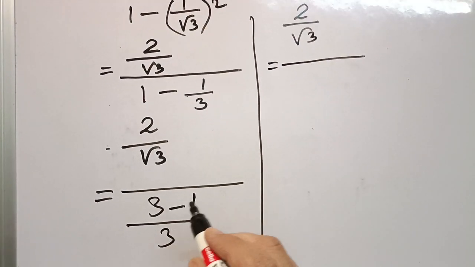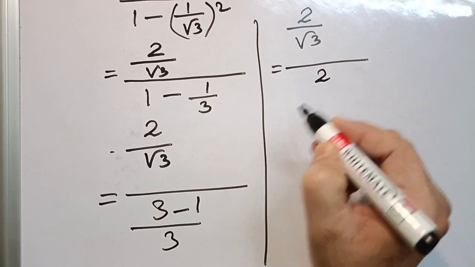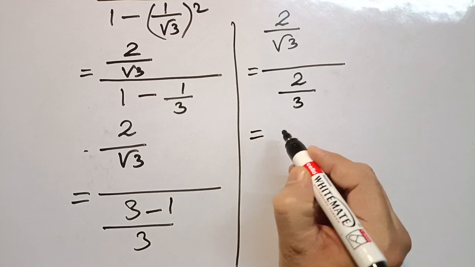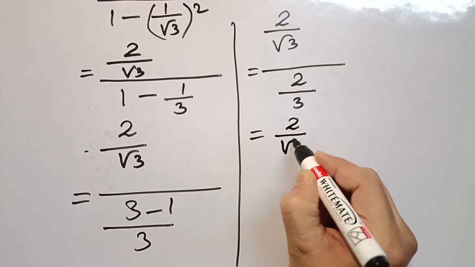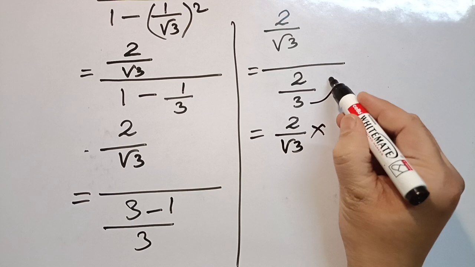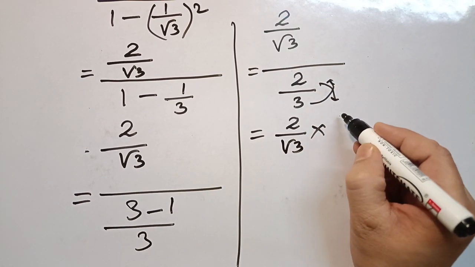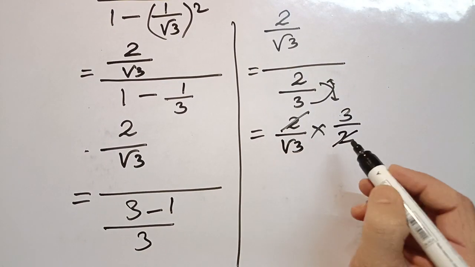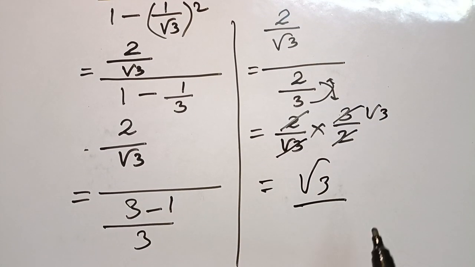In the denominator you can subtract, 3 minus 1 will be 2, and this 3 will be here. Now if I simplify this, this will be up and this will be down. If the division changes, then the numerator will go in the denominator and the denominator will go in the numerator. Now we will cancel these 2, and root 3 and root 3 will be root 3. Your final answer is root 3.